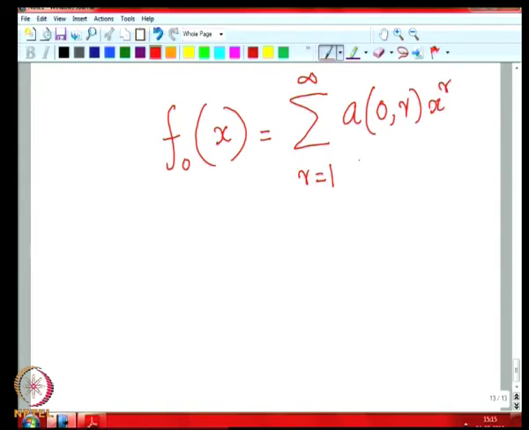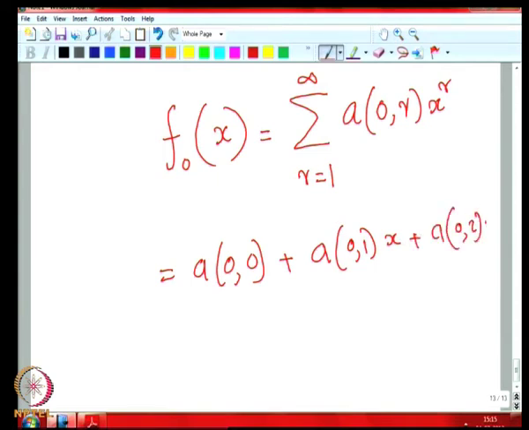Here we have the first term as a00 plus next term is a01 x raised to 1 plus next term is a02 x square and so on.